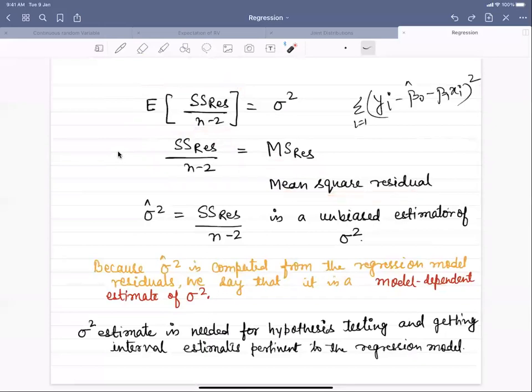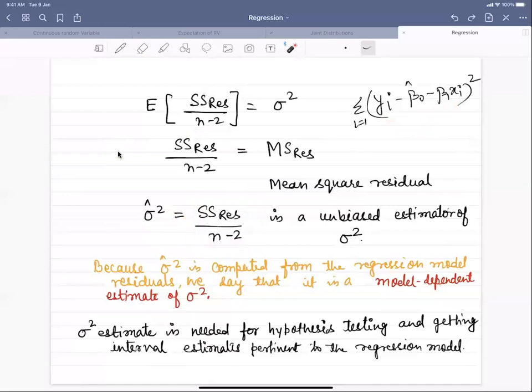So that's why I'm writing it as sigma cap square, just to reflect that it is an estimator of the true sigma square, right? So the sum of squares of residuals divided by n minus 2 is an unbiased estimator of sigma square. Sigma cap square is computed from the regression model, because here the regression model is coming into the picture, which you have fitted with beta naught cap and beta 1 cap.